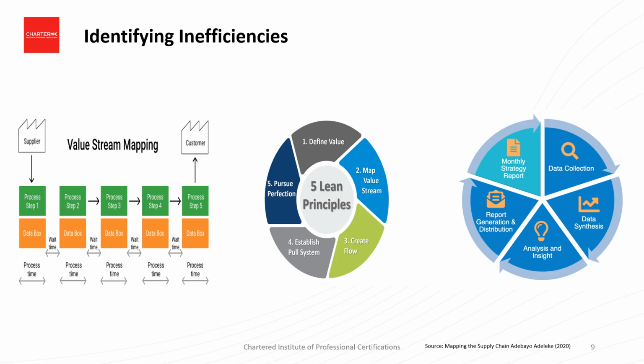Streamlining operations and reducing non-value added activities lead to increased productivity, cost savings, and improved overall supply chain performance. By addressing inefficiencies, organizations can enhance their competitiveness, customer satisfaction, and profitability in a dynamic business environment.